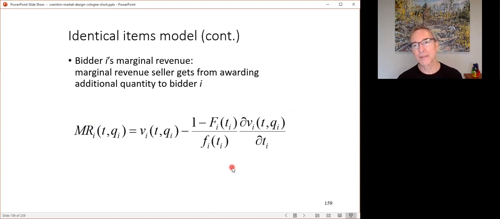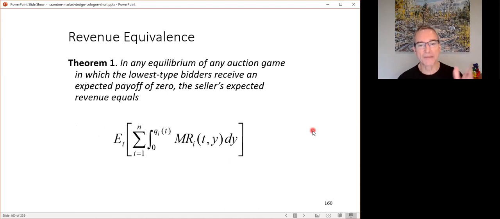And in an optimal auction, you're going to want to award quantity to those that bring the higher marginal revenue. Okay, but first the revenue equivalence theorem.